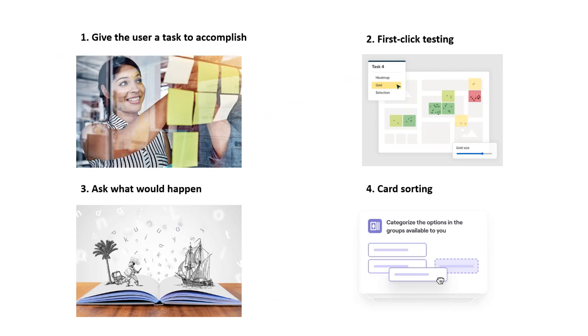Another type is first click testing. I really like it. It's helpful for sure for testing if people can understand what is required from them. So you would like to make sure that if they are given a task like make a reservation, they will actually click a make a reservation button, or maybe they will click a photo.